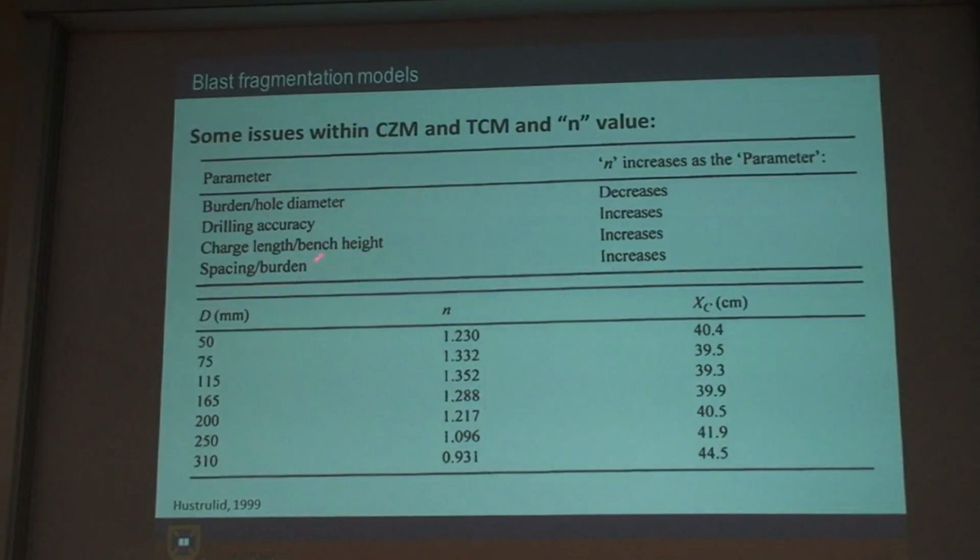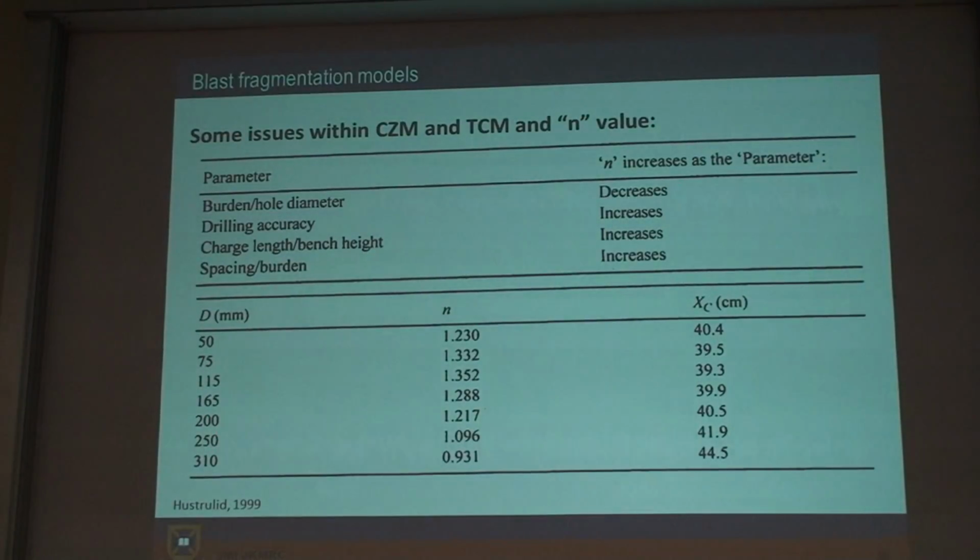Over here, you can see the relationship between the n value and design parameters. In terms of drilling accuracy, as the drilling accuracy increases, the value of n, which means uniformity of our fragments, increases. And by increasing the diameter of the hole, the value of n decreases.